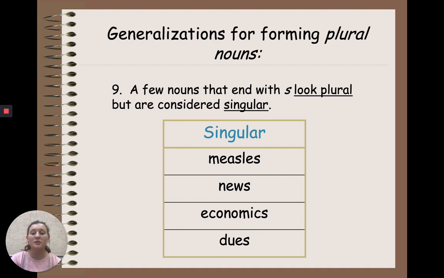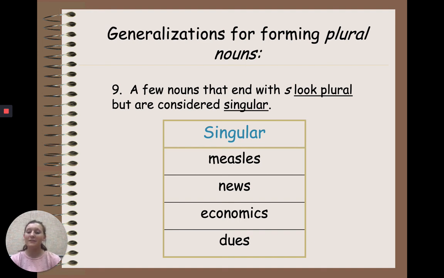I am watching the news on TV today. So again, you're saying that as singular, not as plural. The word economics, so if we're talking about the economy, again, it looks plural, but we are considering it singular. And then again, we can use the word dues as singular, even though it looks plural.